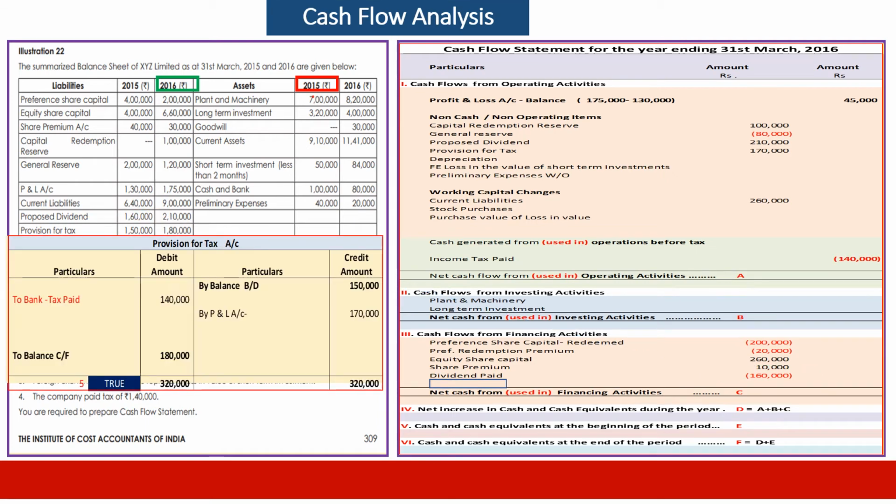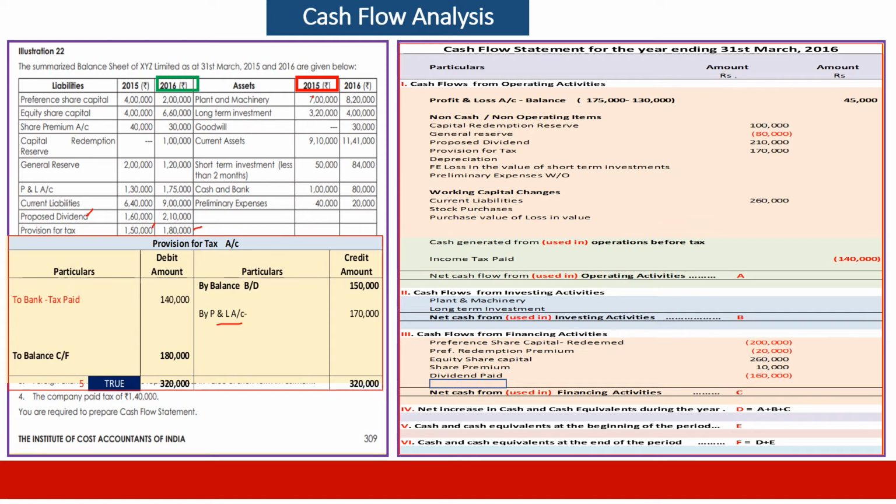Just like we saw in respect of proposed dividend, in case of provision for tax also, we should not take the figures straight away. It helps us to prepare a ledger account because we are supposed to find out what was debited to profit and loss account and what was the actual payment.